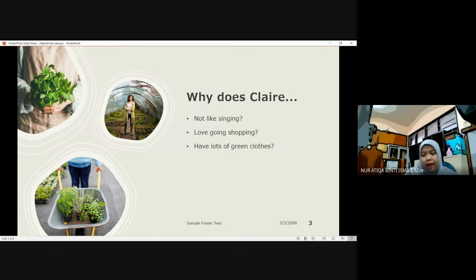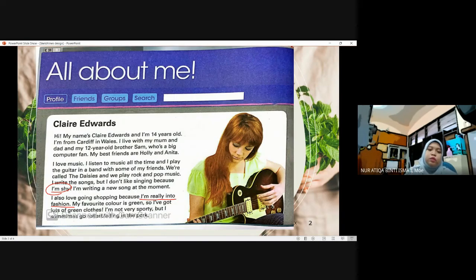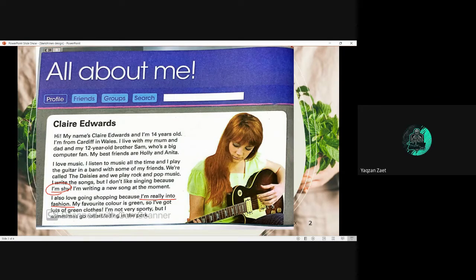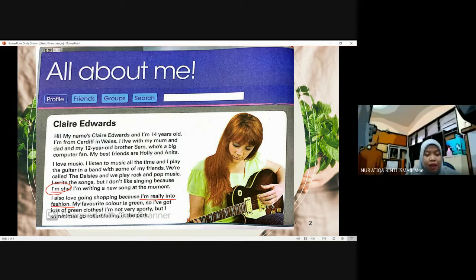Why does Claire have lots of green clothes? Because Claire's favorite color is green. Okay, very good. Because Claire's favorite color is green. Very good.